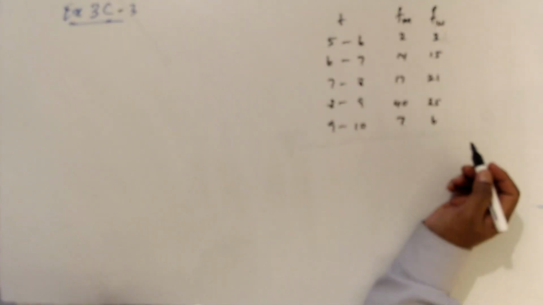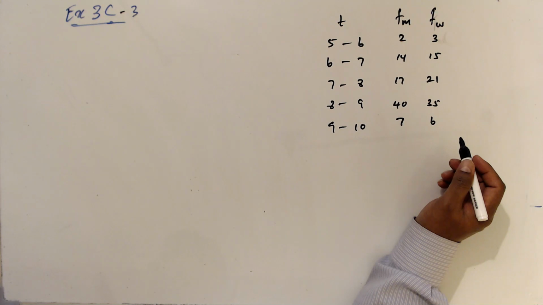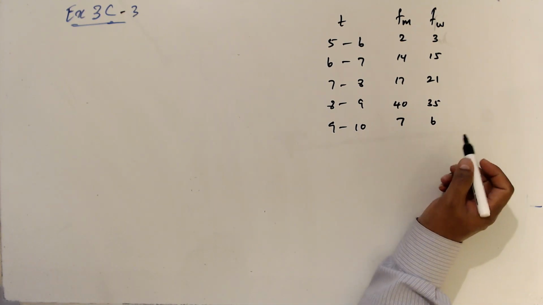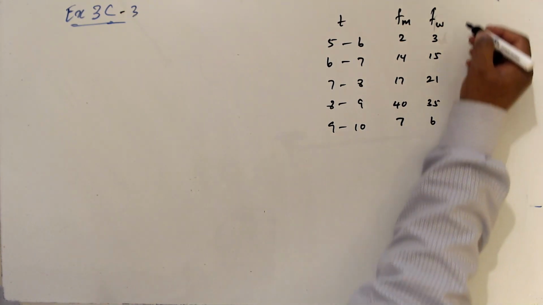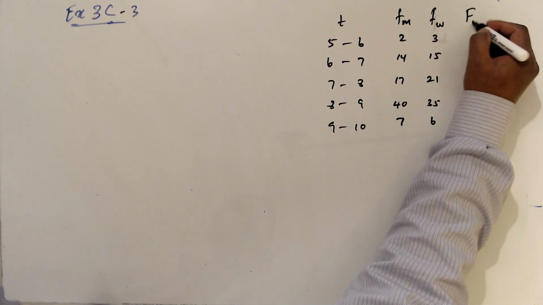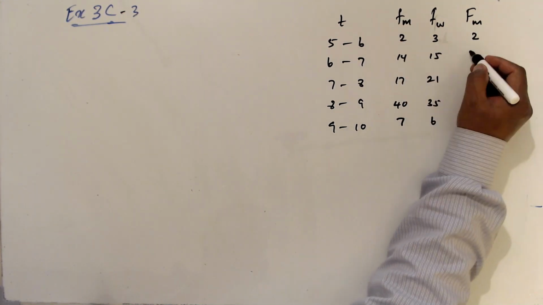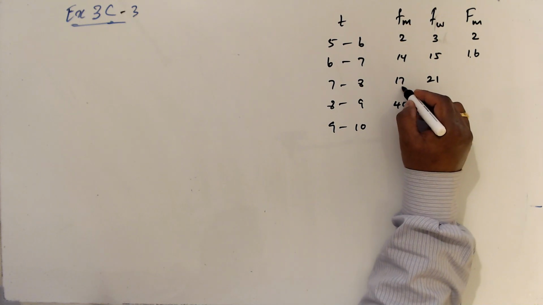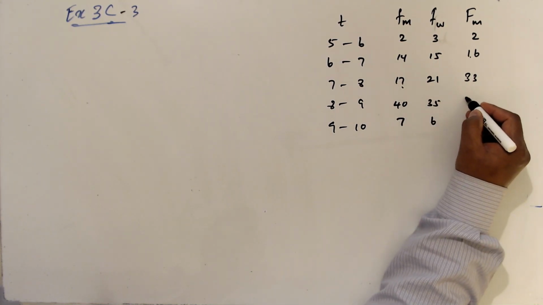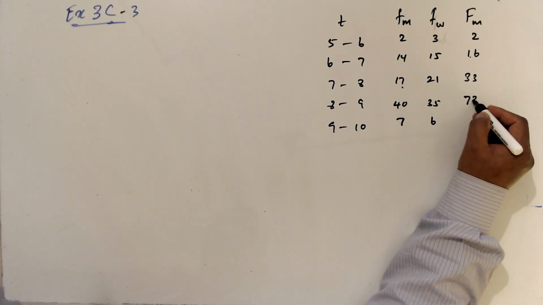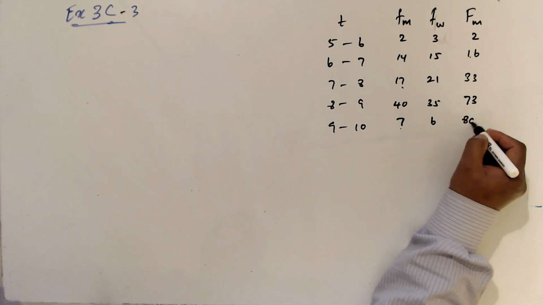Question number 3. This is about completing puzzles, men and women, the time taken. So this is the time frame, and then this is the frequency. So we'll find the cumulative frequency for men. This is 2, 2 plus 14, 16, 16 plus 17, 33, 33 plus 40, 73, 73 plus 7, 80.